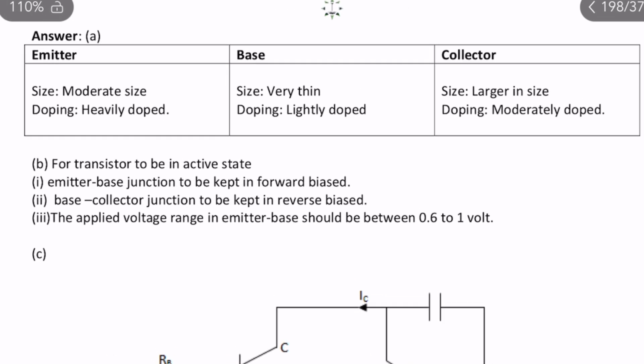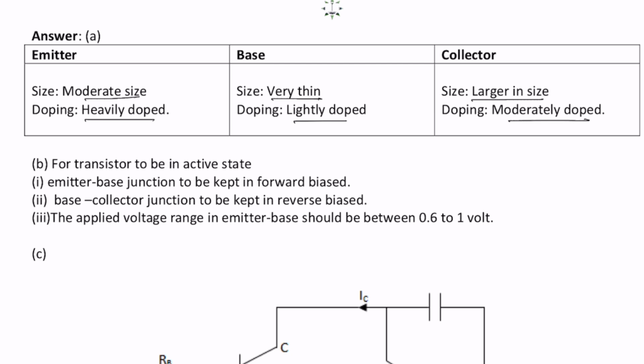Now the first part: the emitter is moderate in size and heavily doped, the base is very thin and lightly doped, and the collector is larger in size and moderately doped. The first part is answered.